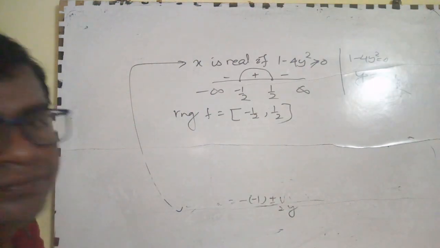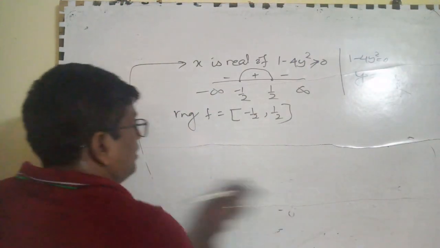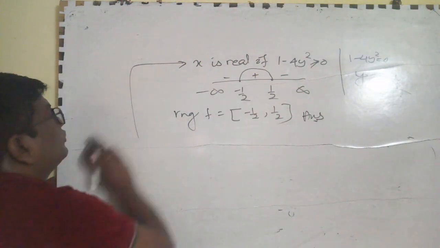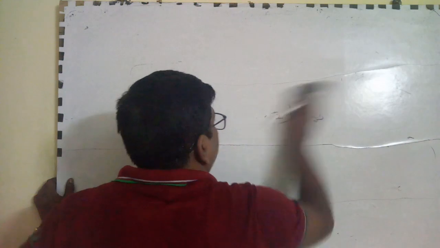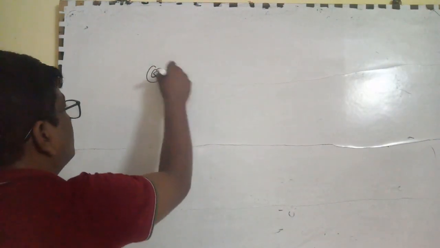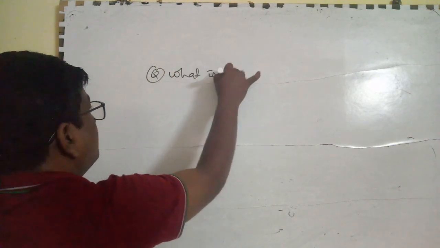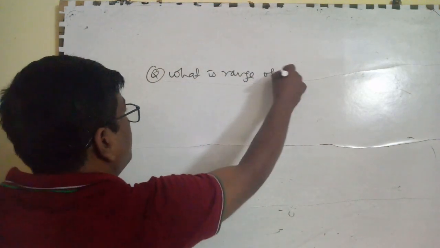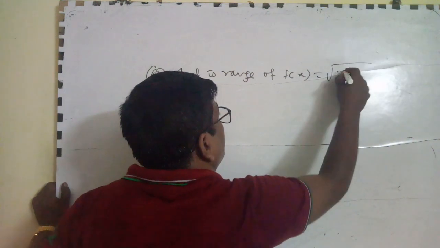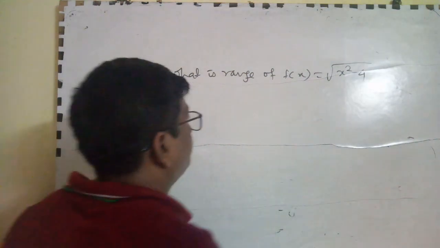This is the answer. Now another question. What is the range of f of x is equal to root over x square minus 4?